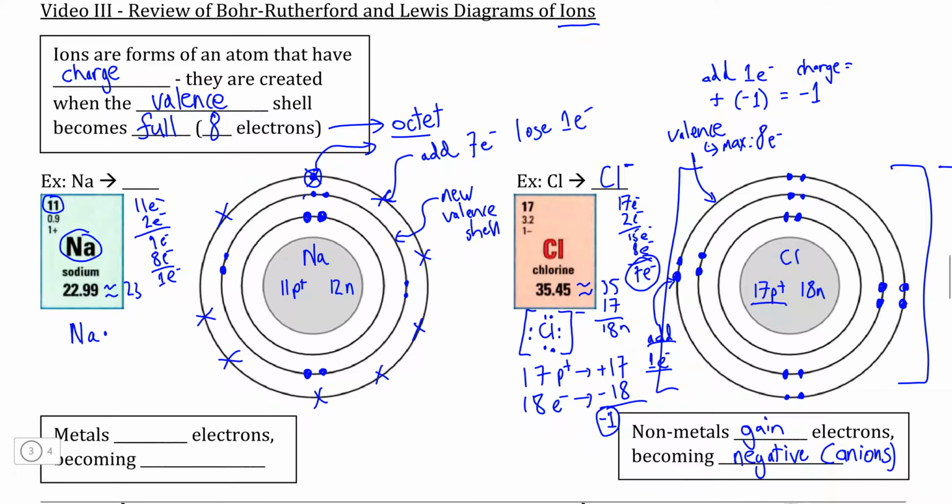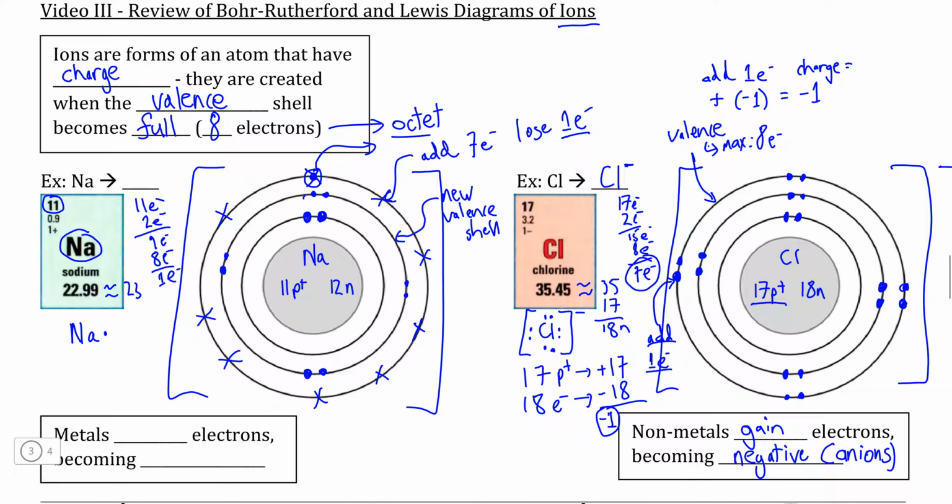And we can see, just based on the numbers of electrons, losing 1 electron is much easier to do than adding in 7 electrons, simply because there's less electron movement overall. Now, in terms of the notation, we can label sodium's ion structure the same way as chlorine's, by giving it a pair of square brackets to indicate that it is an ion, and next we need to label the charge.